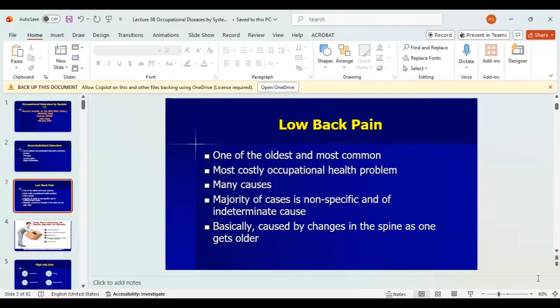And in a lot of cases, the cause may be non-specific, or it's very difficult to determine what the causes are. We should note, however, that some of the changes, change in the spine, for example, may occur as we get older, right?